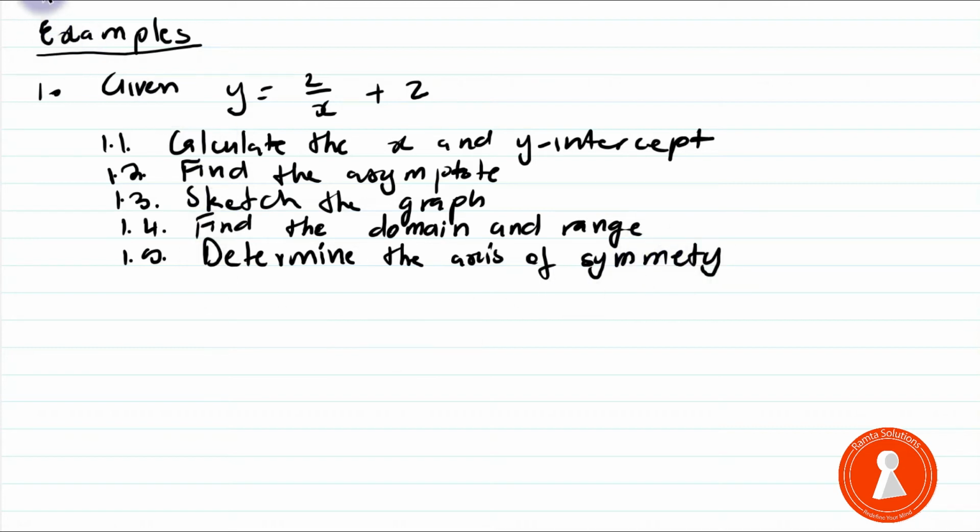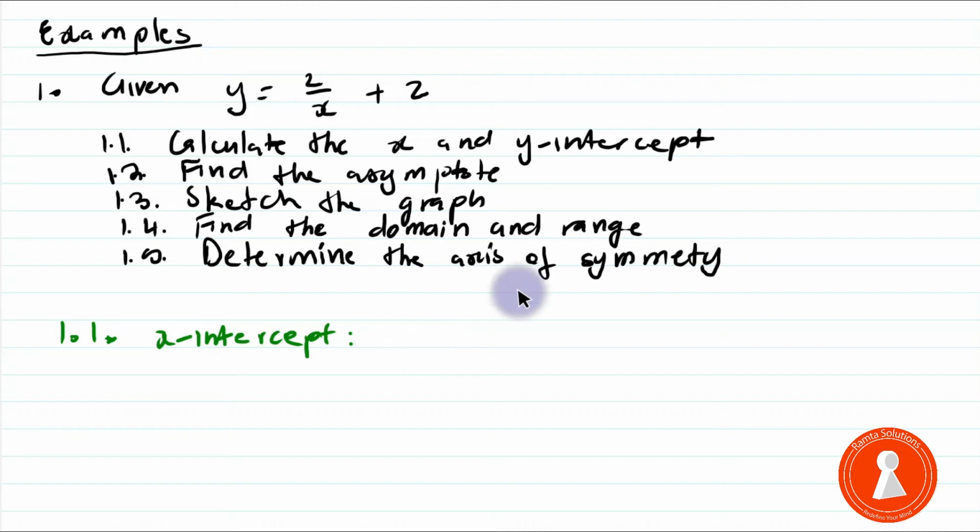Okay, now let's look at our answers. I'll try a different color. So for our solutions, 1.1 says calculate the x and y intercept. So for x-intercept, remember what it means is that where there's y, you put 0.